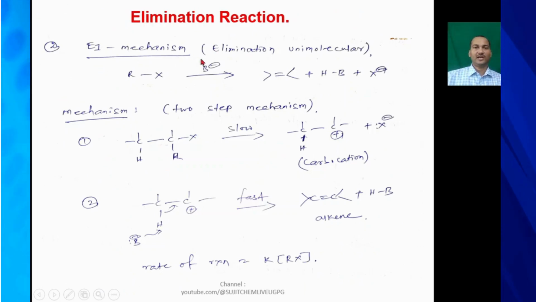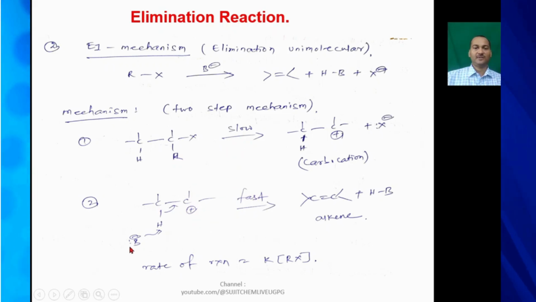Next is the E1 mechanism, elimination unimolecular. For example, you take alkyl halide in presence of base, and you get alkene plus BH plus X minus. This E1 mechanism has two steps. First, the alkyl halide undergoes ionization, giving rise to carbocation plus X minus. This step is slow.